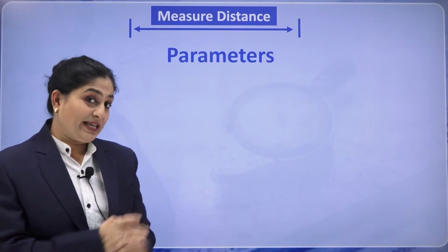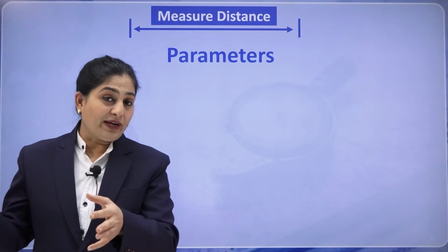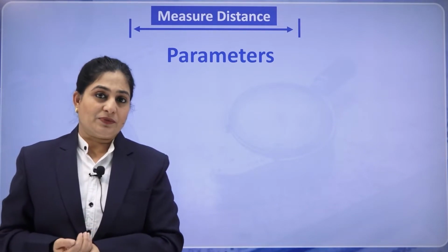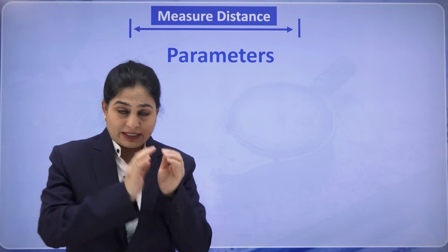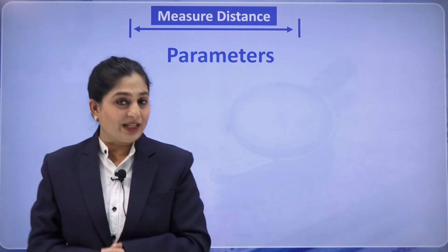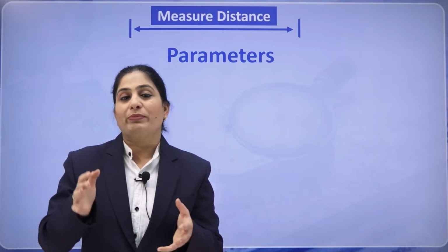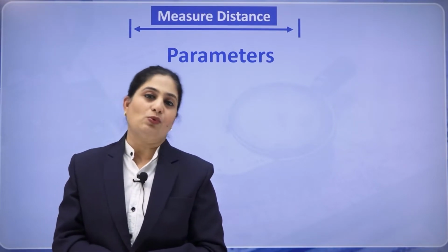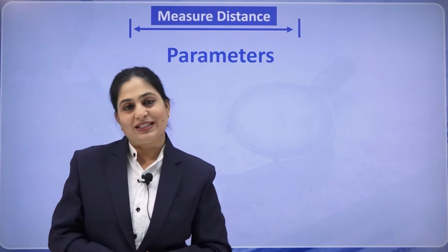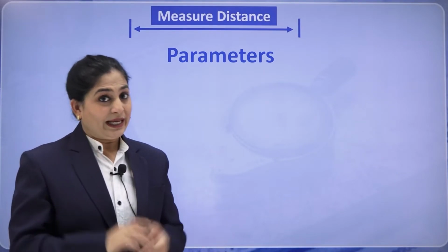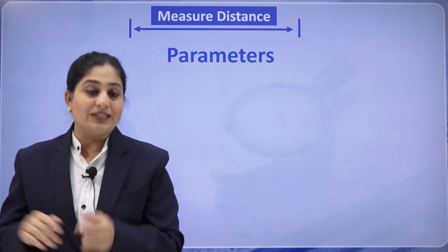If I say my home is 3 kilometer apart from the vegetable market, this 3 kilometer is some magnitude along with the unit. The complete parameter is required to measure any physical quantity. The same is with distance. When I talk about covering a distance, it means some path along with some unit.